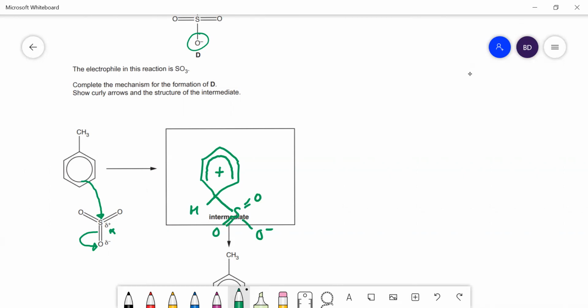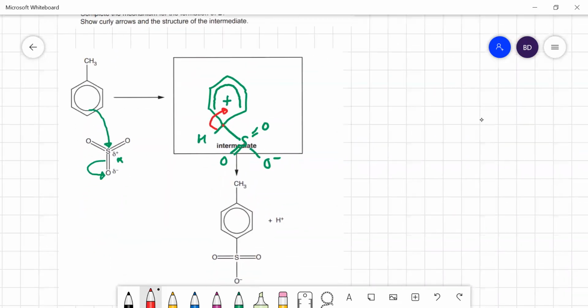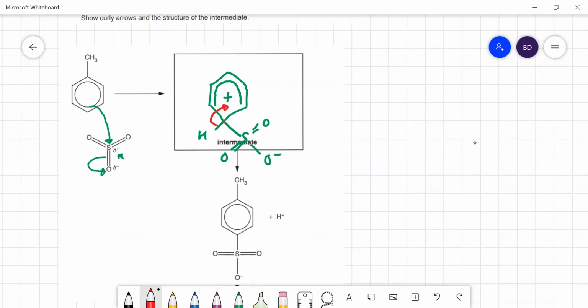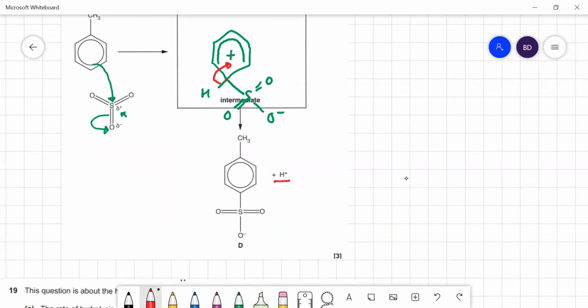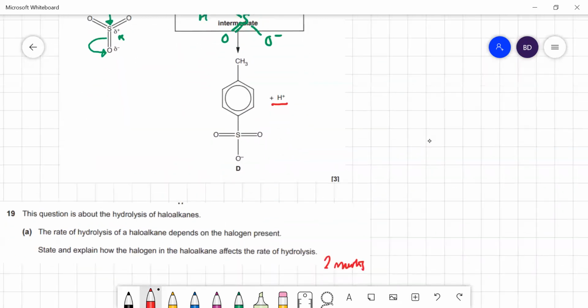Okay, so that's the intermediate, and the final step of the mechanism, of course, is for the pair of electrons in the C-H bond to go back into the benzene ring to regenerate the benzene ring and give us this, and the hydrogen comes off as H+. Okay, so that is that mechanism.